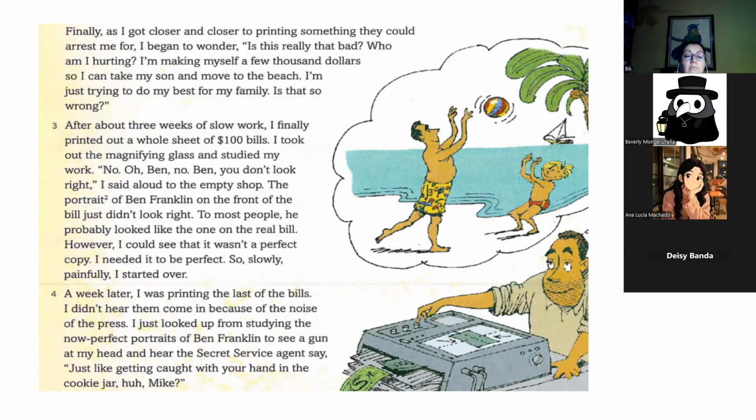The portrait of Ben Franklin on the front of the bill just didn't look right. To most people, he probably looked like the one on the real bill. However, I could see that it wasn't a perfect copy. I needed it to be perfect. So slowly, painfully, I started over.